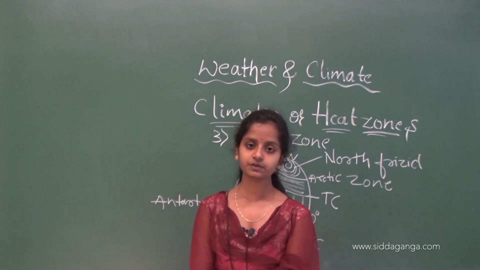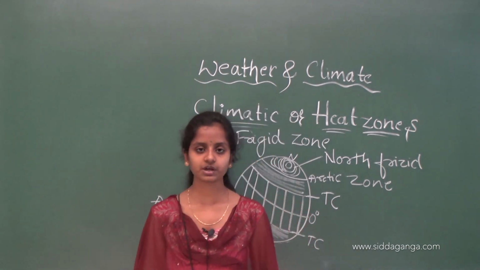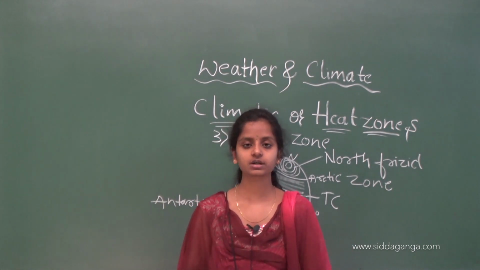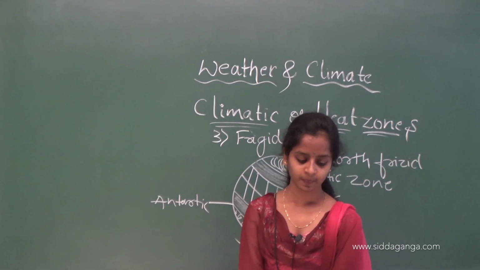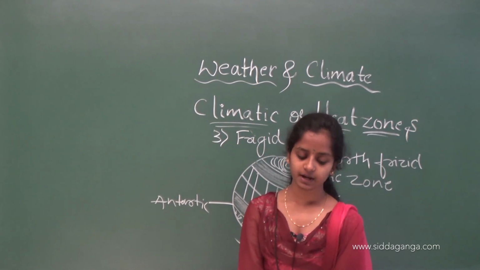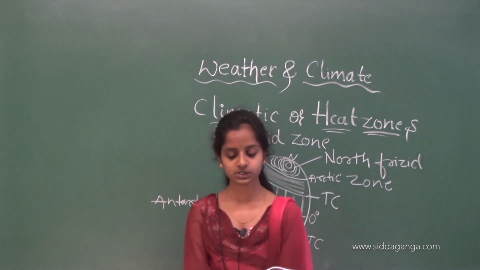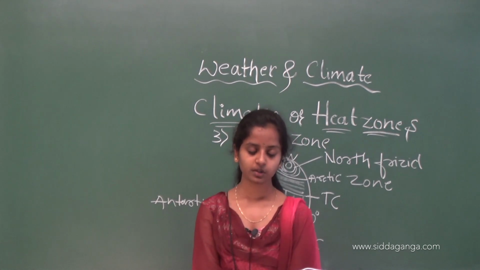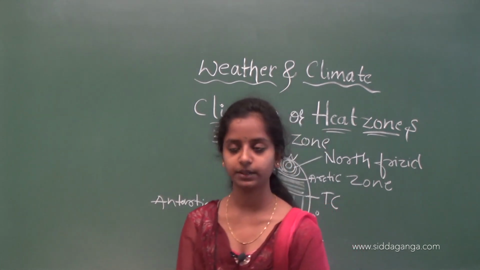The direction of wind also affects the temperature of a place. Earth is divided into three climatic or heat zones: the Torrid Zone, hot and humid climate; the Temperate Zone, moderate climate; and the Frigid Zone, very cold climate.